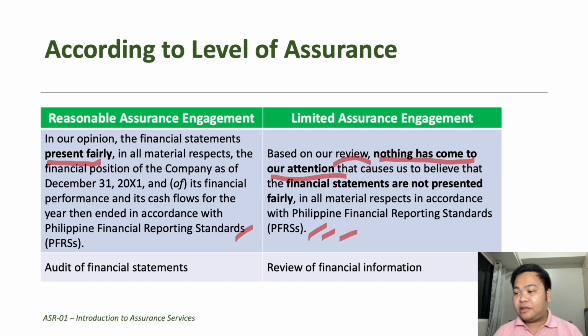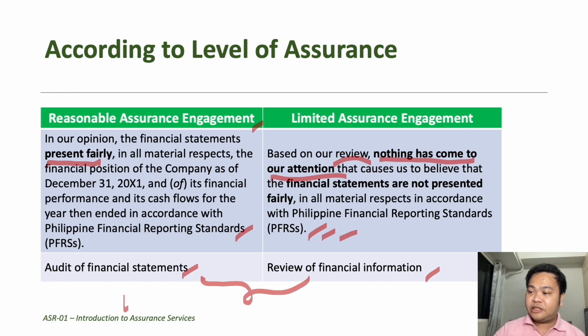An example of a reasonable assurance engagement is an audit of financial statements. For limited assurance engagement, an example is a review of financial information. Again, the difference lies in the amount of procedures involved. There are more procedures involved in reasonable assurance engagement compared to limited assurance engagement.